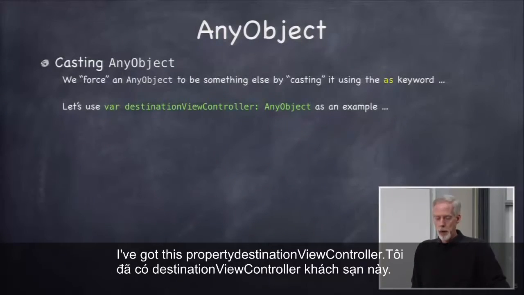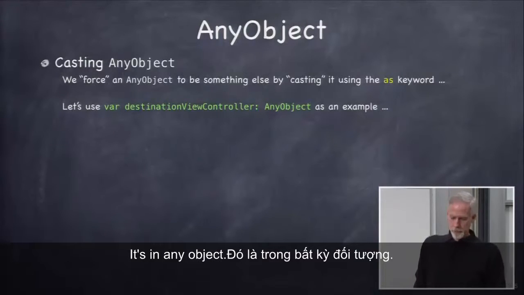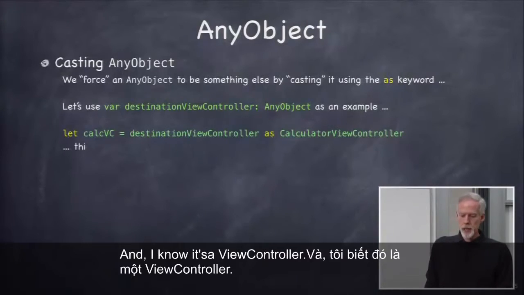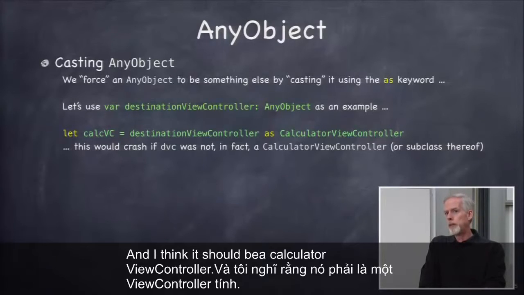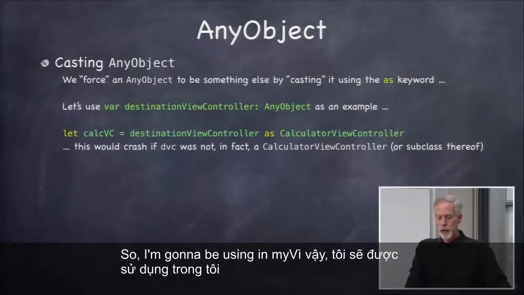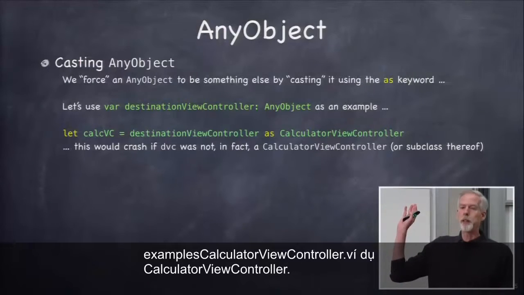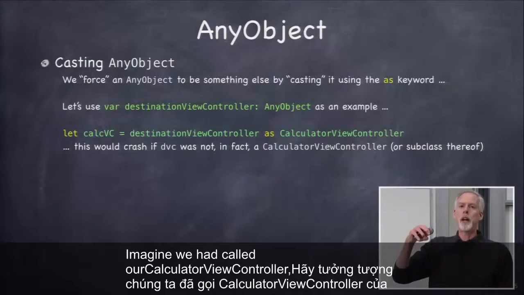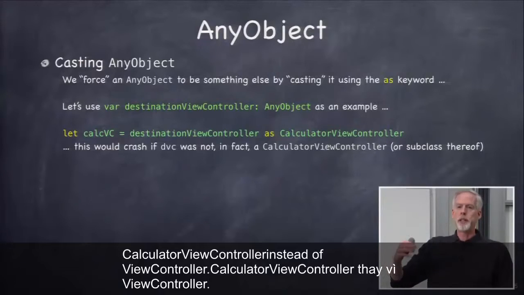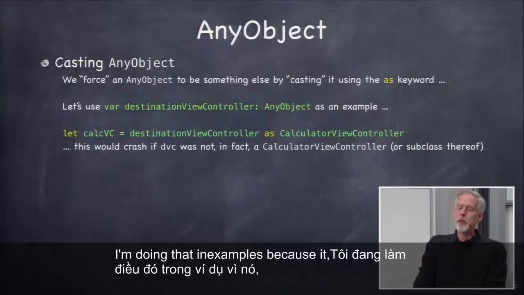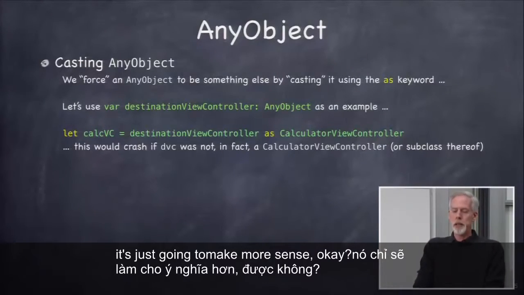So I've got this property, destination view controller. It's an any object. And I know it's a view controller, and I think it should be a calculator view controller. So I'm going to be using calculator view controller in my examples. Imagine we had called our calculator view controller instead of view controller. I'm doing that in the examples because it's just going to make more sense, okay?